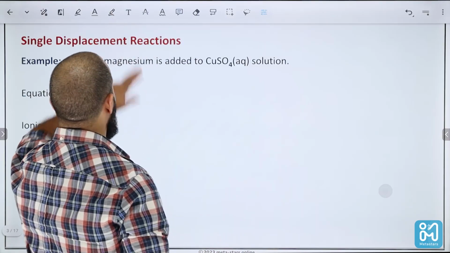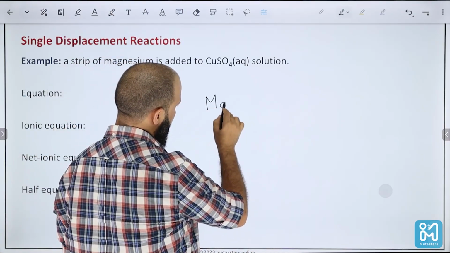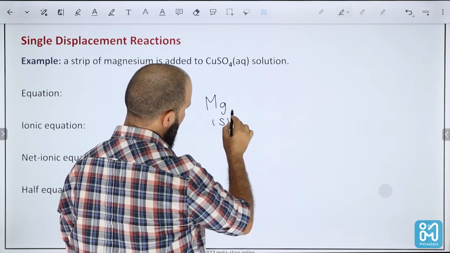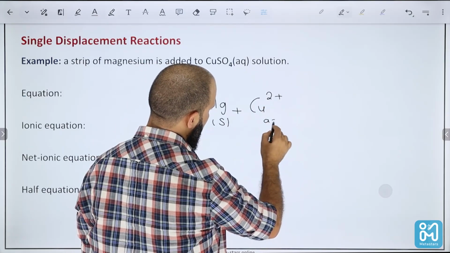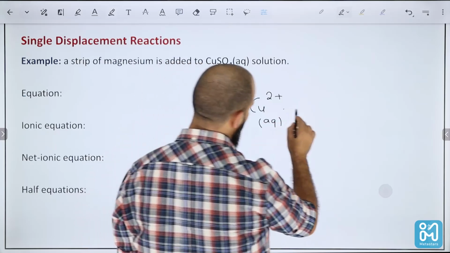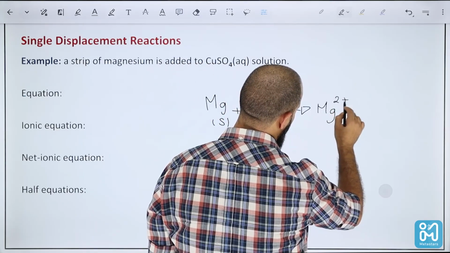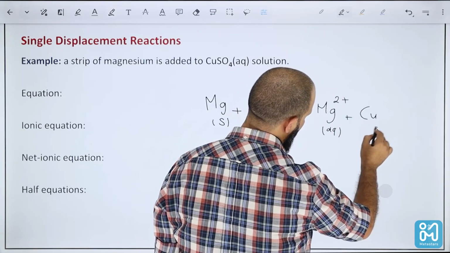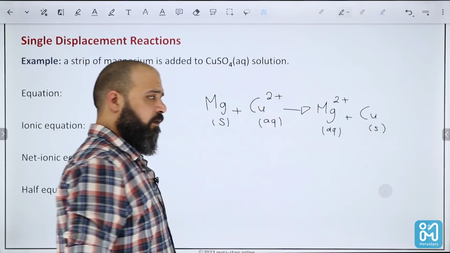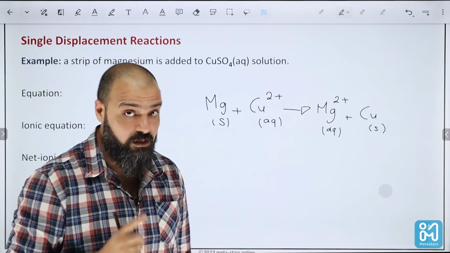We had this equation, the net ionic equation: Mg solid plus Cu2 plus aqueous to produce Mg2 plus aqueous and Cu solid. Magnesium oxidized, copper ions reduced.